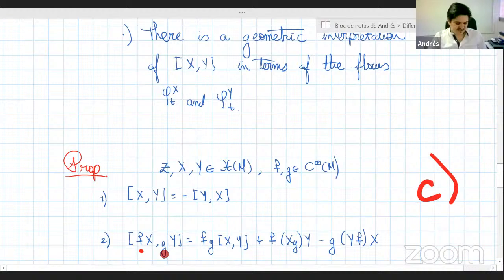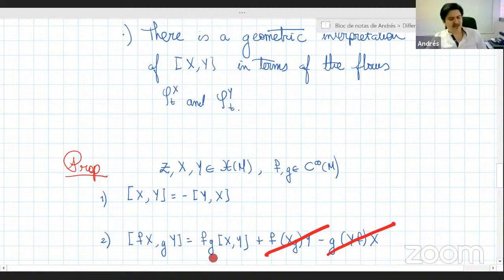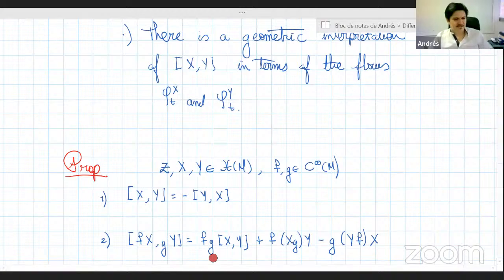So if f and g are constant functions, this is 0, this is 0, and we have something like this. So basically the constant functions, we can just move them out of the bracket. But in general, that's not true if f and g are not constant.